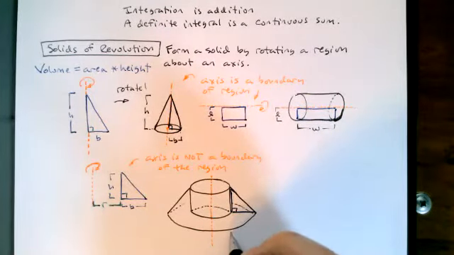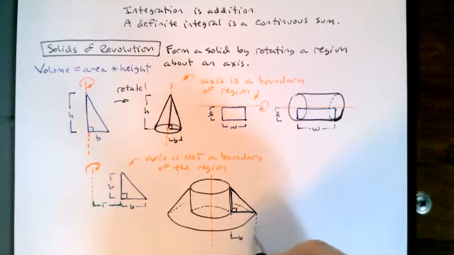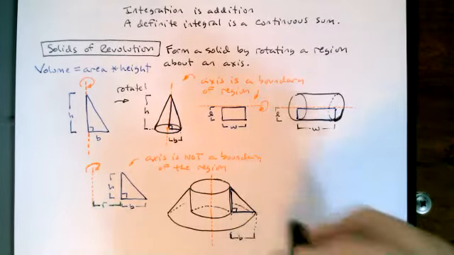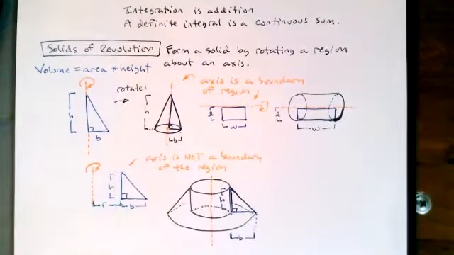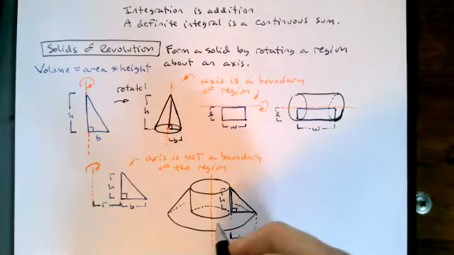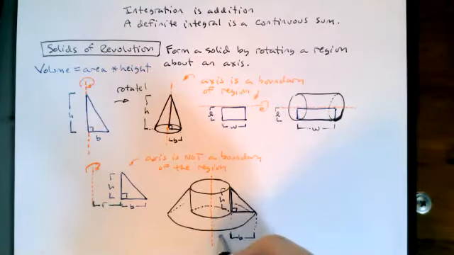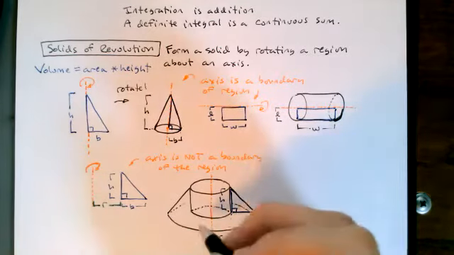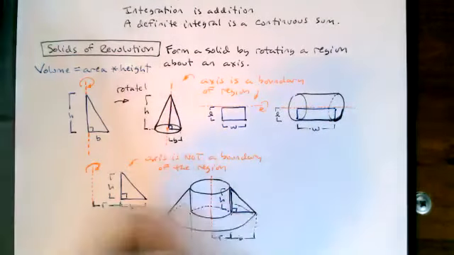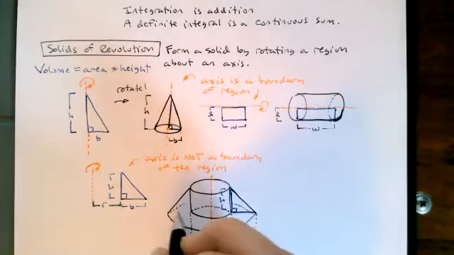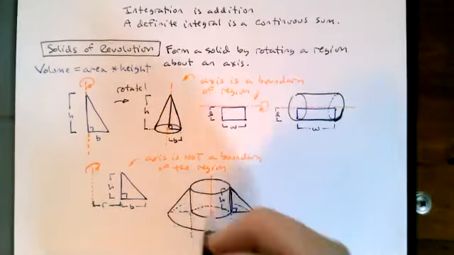So here's our original base for the triangle. Our height is still where we left it. And this hole in the center of our solid is going to be cylindrical with a radius of r. So here's going to be another length r, and here's going to be another length b.